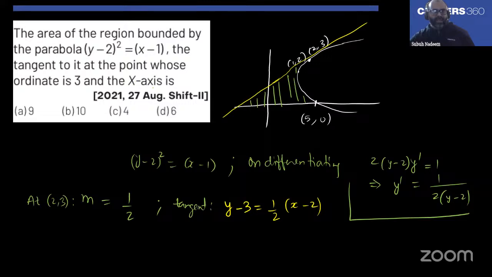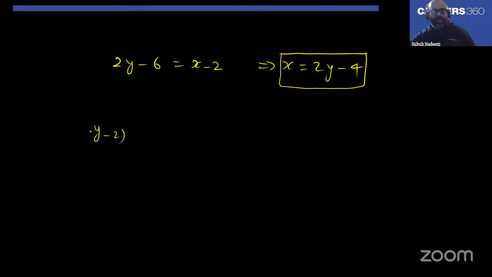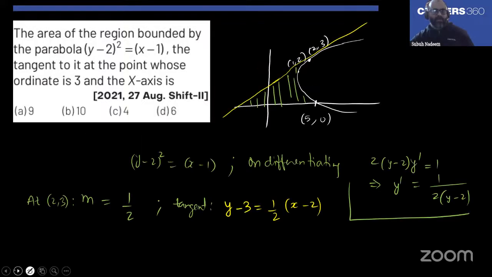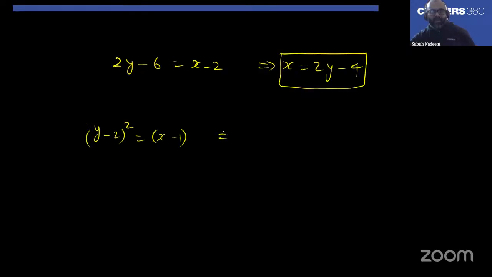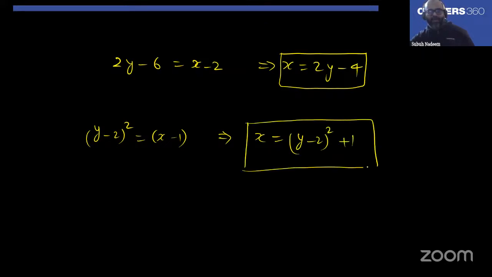And this parabola is (y minus 2) whole square is equal to x minus 1. This is the parabola. So here we will say that x is equal to (y minus 2) whole square plus 1. So this will be x in this case.